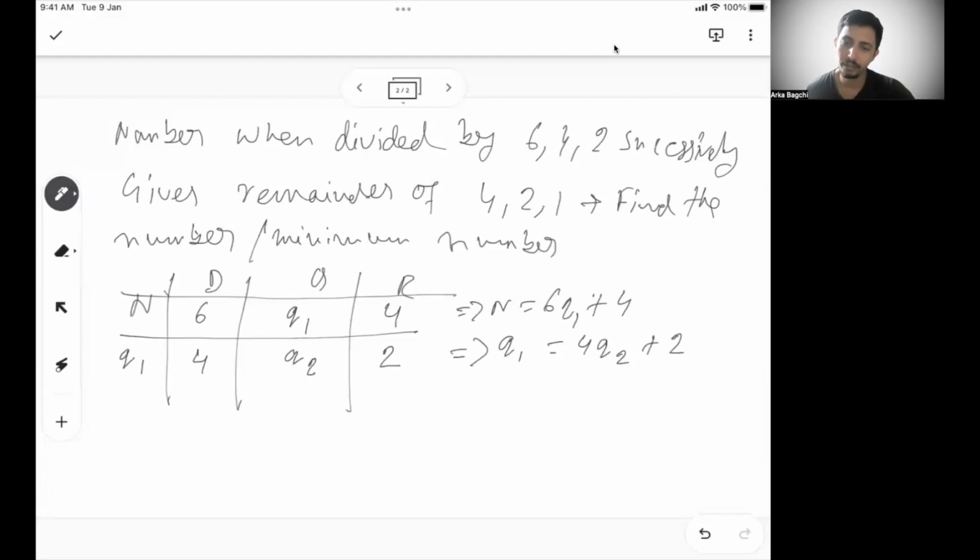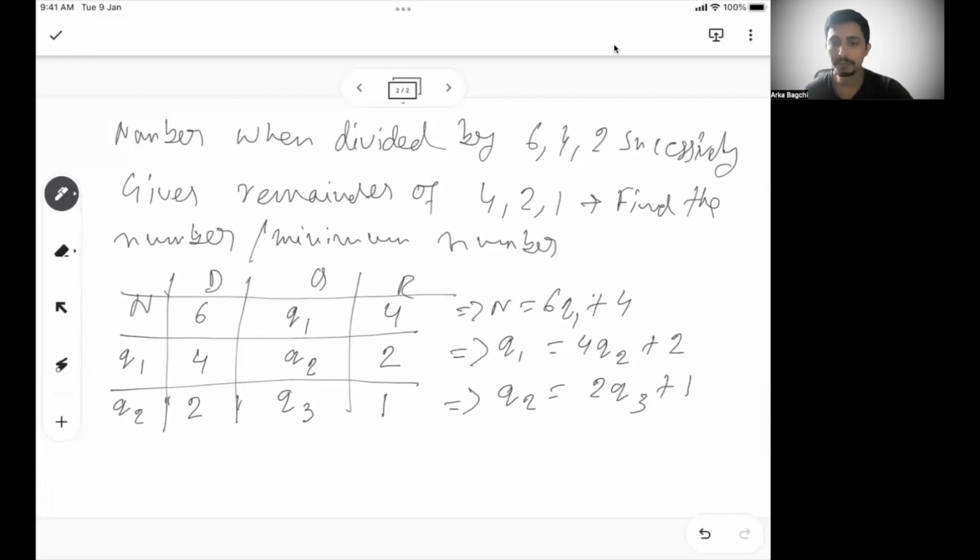Then in the third stage, your q2 becomes your dividend. You divide by 2. Q3, let's say, is your quotient, and you have a remainder of 1. So then I can say my q2 is 2q3 plus 1. So this is what we got from the equations.